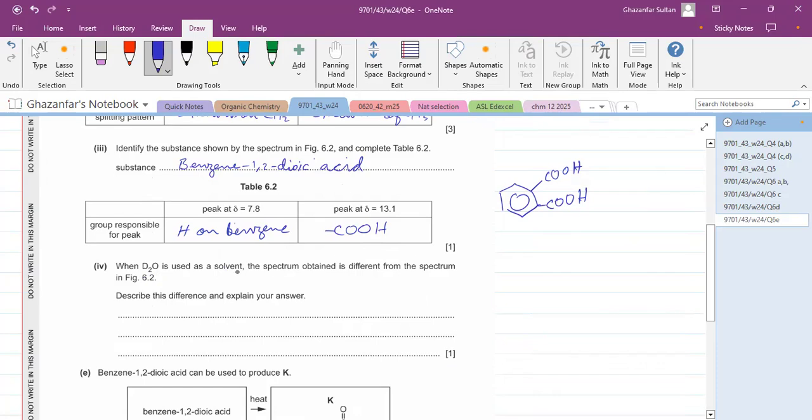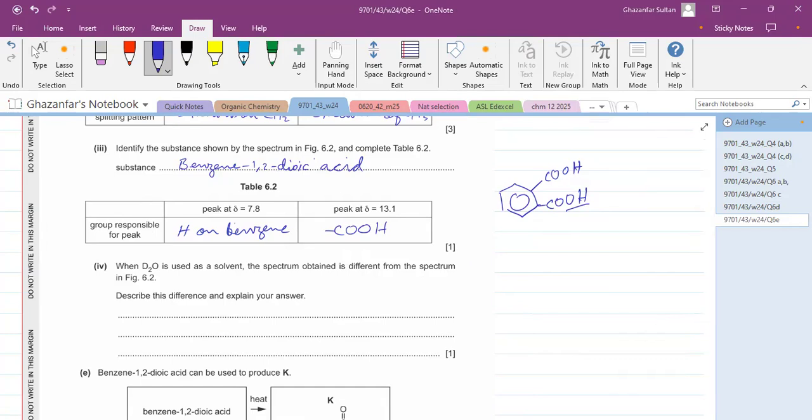When D2O is used as a solvent, the spectrum obtained is different from the spectrum in figure 6.2. So when we use D2O, deuterated water or heavy water, there is an exchange of these OH, either the OH is an alcohol, carboxylic acid or amine. So that peak would not be there.